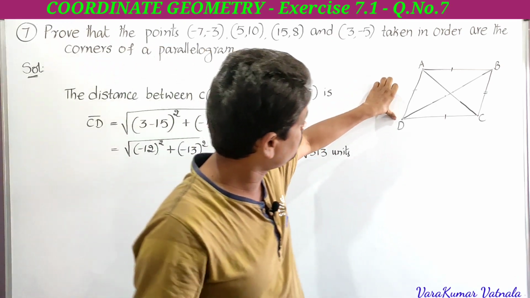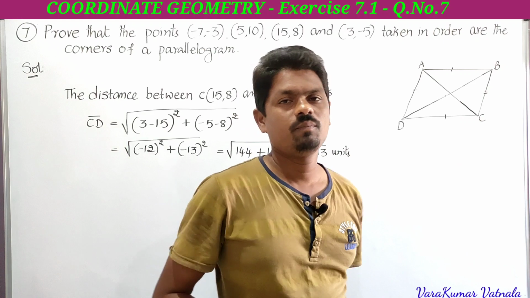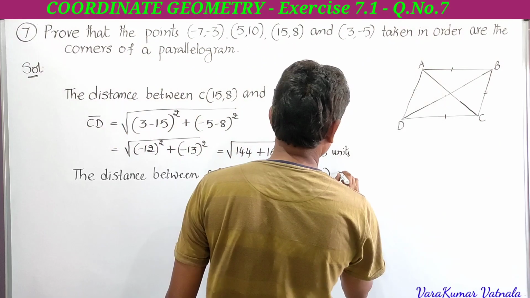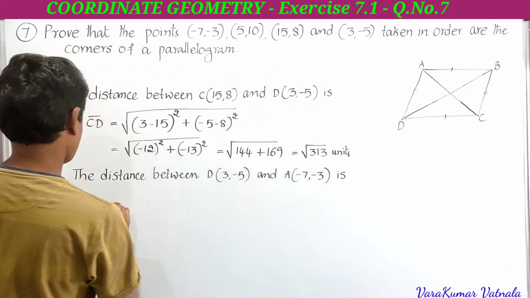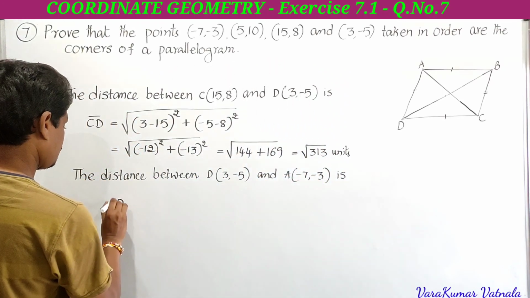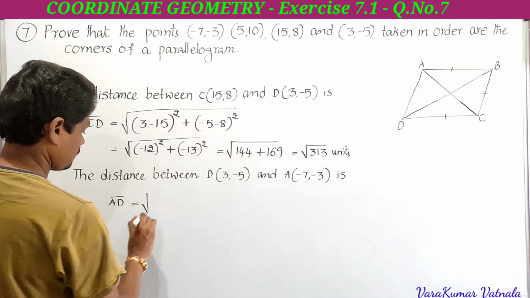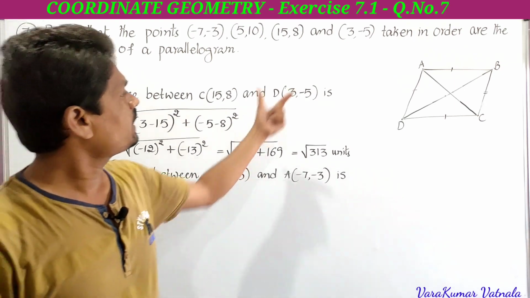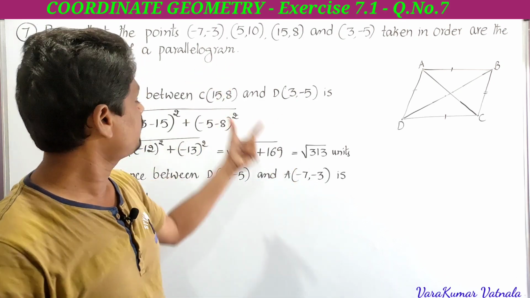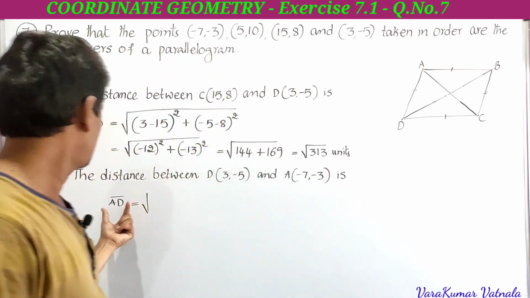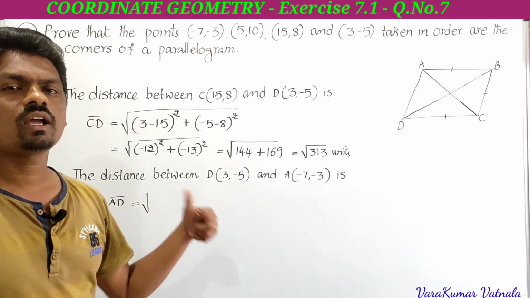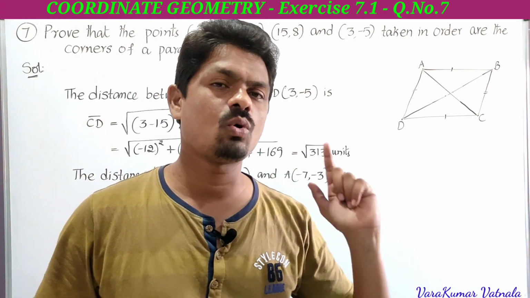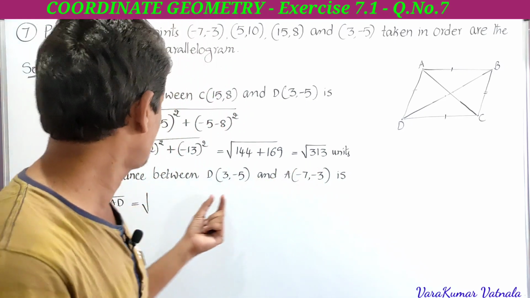Next we have to find the distance between A and D. The distance between D (3, minus 5) and A (minus 7, minus 3) is AD, equal to, again we just substitute in the formula, square root of x2 minus x1 whole square plus y2 minus y1 whole square.